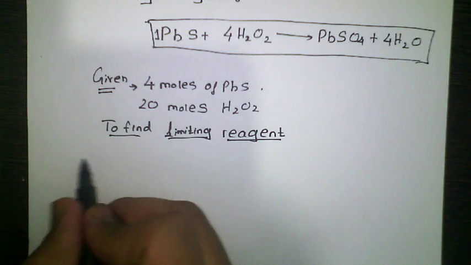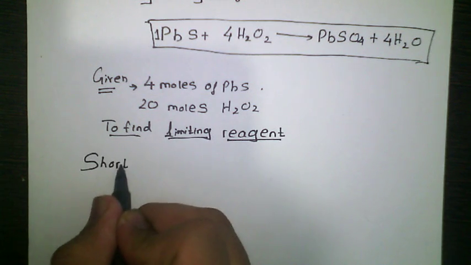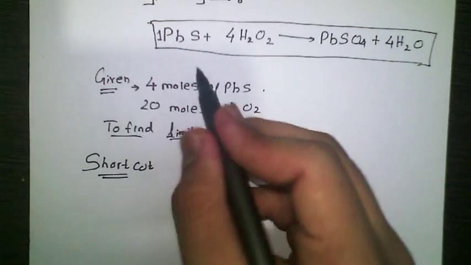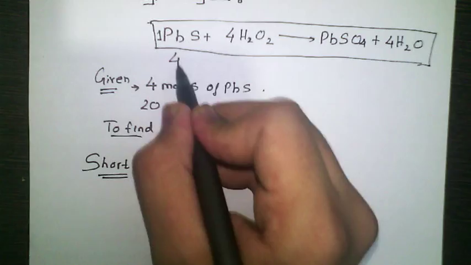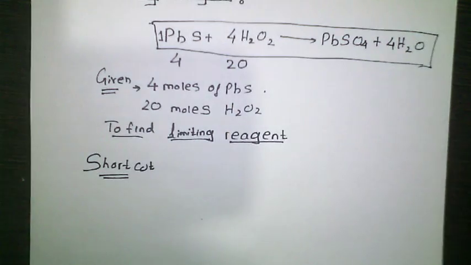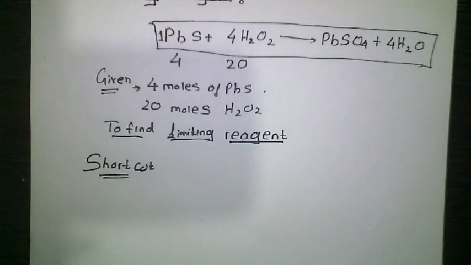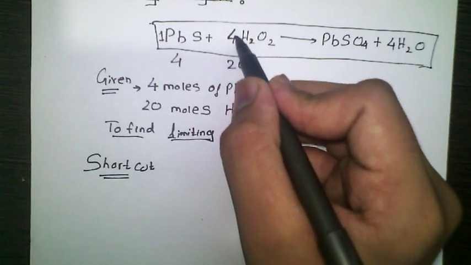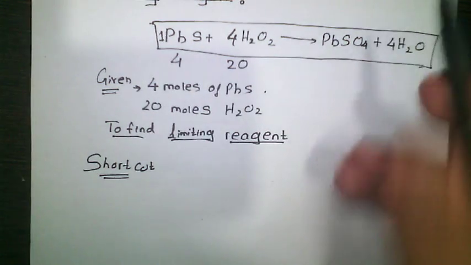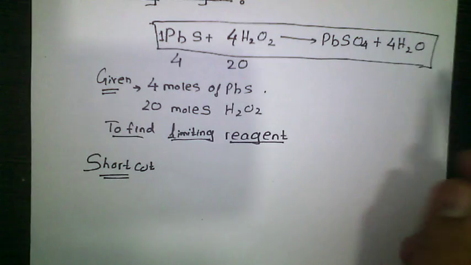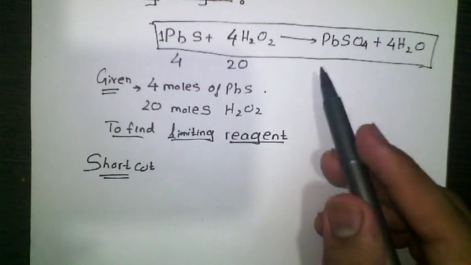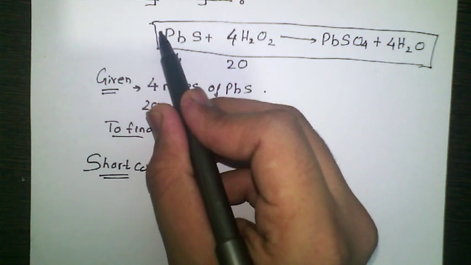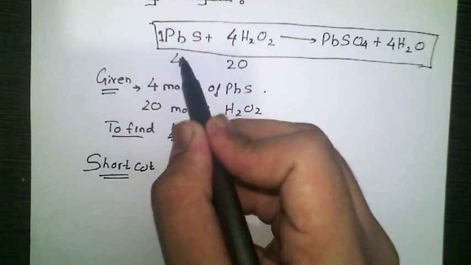Let me tell you a shortcut. Arrange this here. We are given 4 moles of PbS, 20 moles of H2O2. According to the reaction it is 1 mole of PbS and 4 moles of H2O2, giving PbSO4 plus 4H2O. So just divide the moles given in the reaction by the moles given.